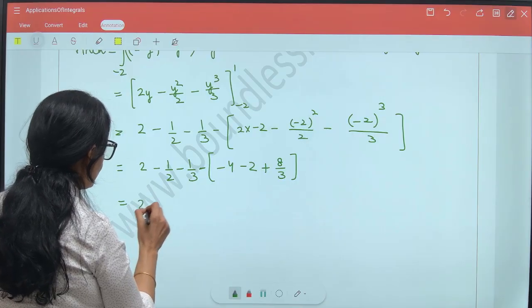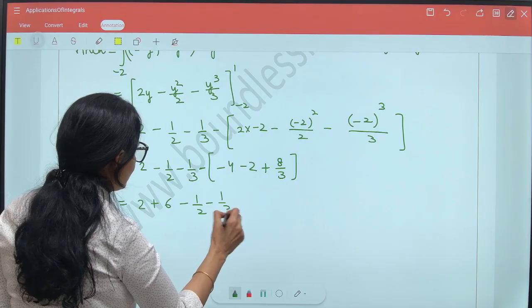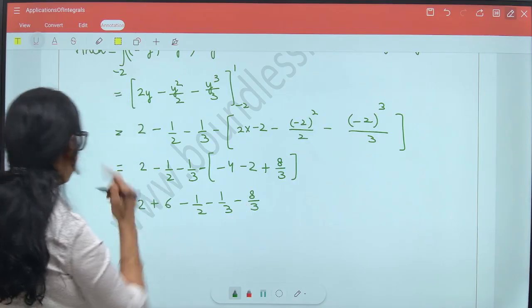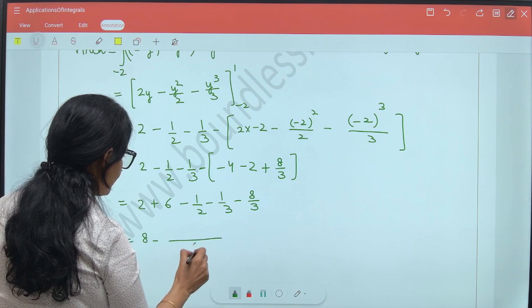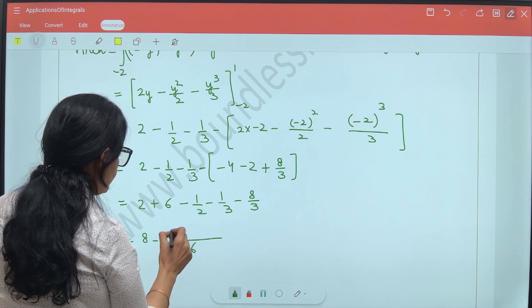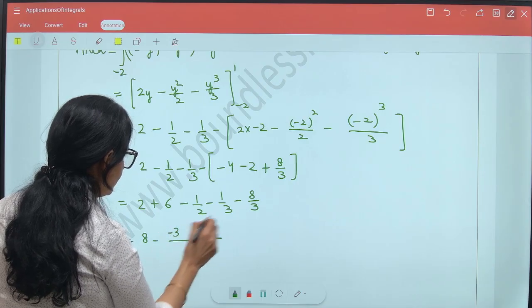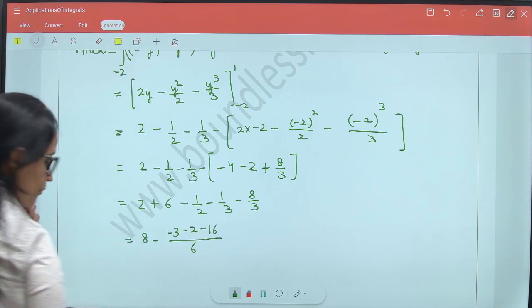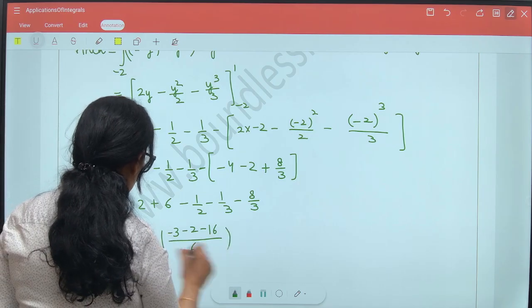So that means it is 2 plus 6 minus 1 by 2 minus 1 by 3, and it is minus 8 by 3. So 2 plus 6 is 8, and take the LCM as 6. So it is going to be minus 3, minus 2 and minus 16. So it is going to be minus 21 by 6.